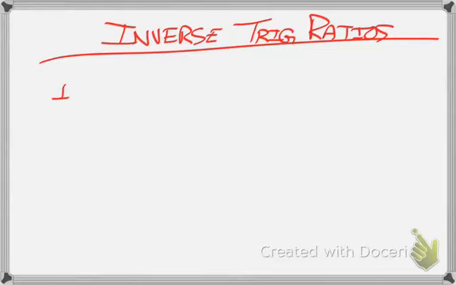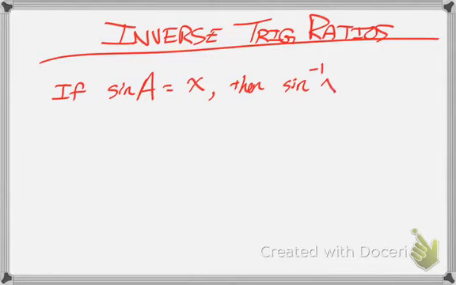So if we know that the sine of A equals something, we'll call it x, then the inverse sine, and we show that as a -1 exponent, that means inverse, of x equals the measure of angle A. So if I know the sine of A equals x, if I take the inverse sine of x, that will tell me what A is.